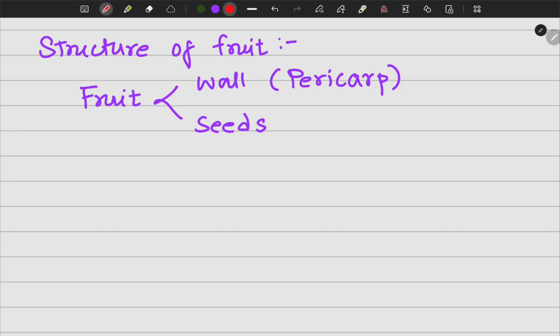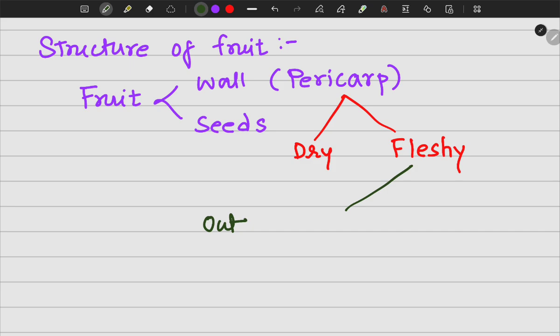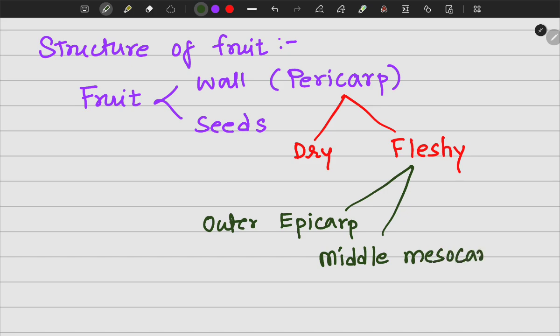This pericarp can be of two types: dry or fleshy. In the case of the fleshy pericarp, we can divide the fruit wall into three parts: the outer epicarp, a middle mesocarp, and an inner endocarp.